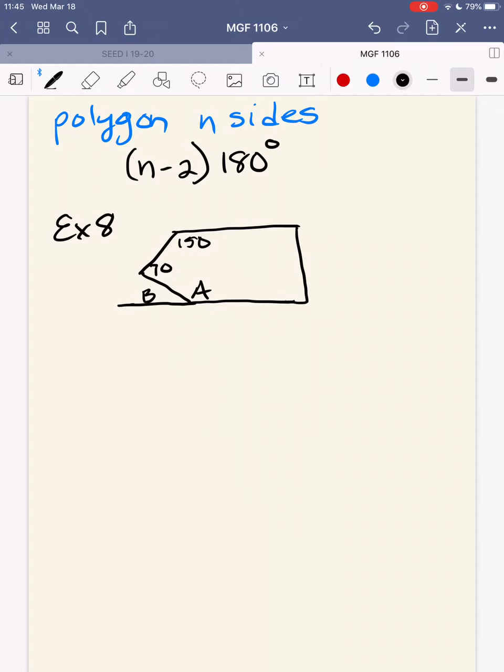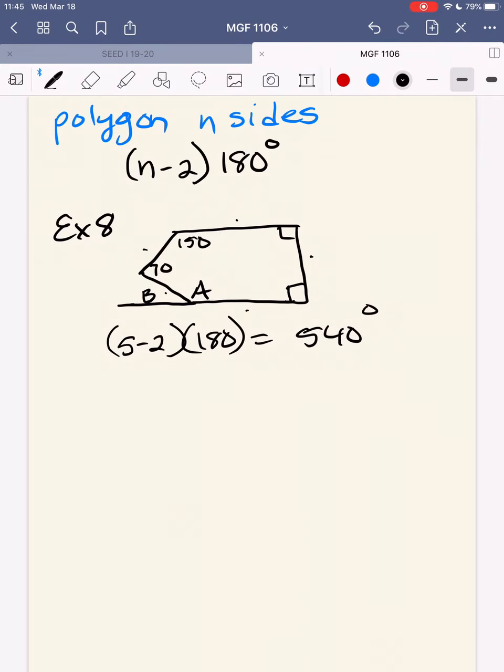I want to find the sum of the measures of all the angles. How many sides do I have here? I have 1, 2, 3, 4, 5 sides. So 5 minus 2 times 180 gives me 540 degrees.